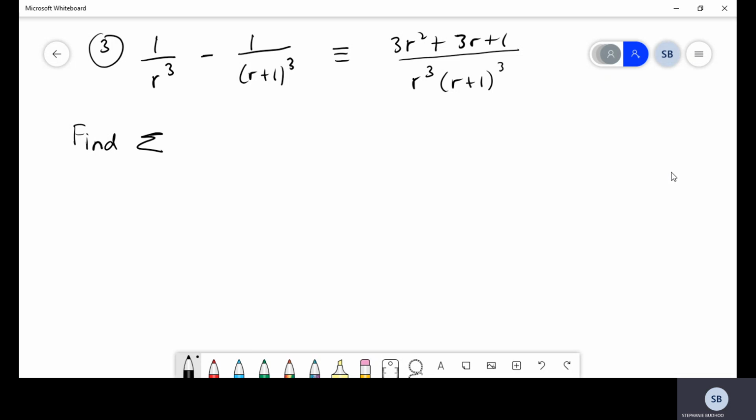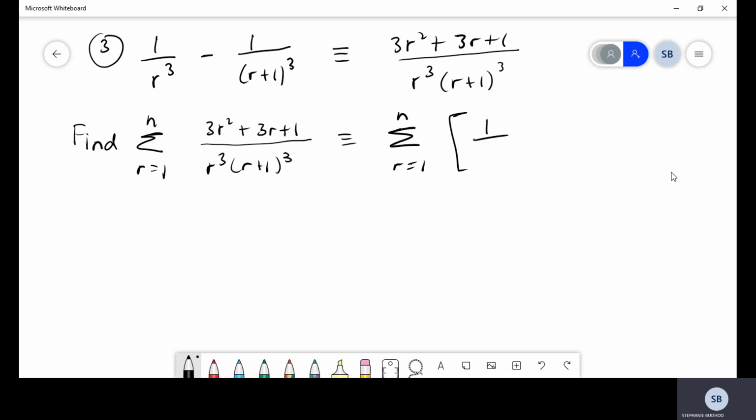So the question says find the sum from r going from 1 to n of this whole chunk. I will write the chunk down: 3r squared plus 3r plus 1 all over r cubed by r plus 1 cubed. All right, so we know that by default, if you're finding the sum of something, it's the same as finding the sum of it split into partial fractions, right?